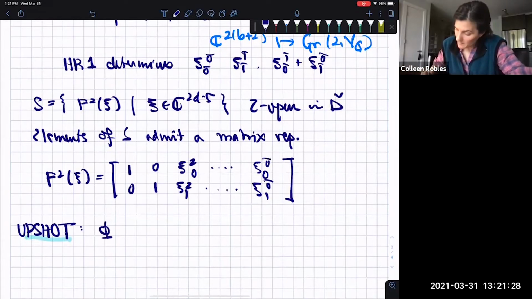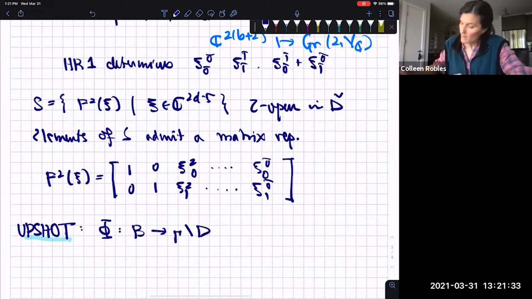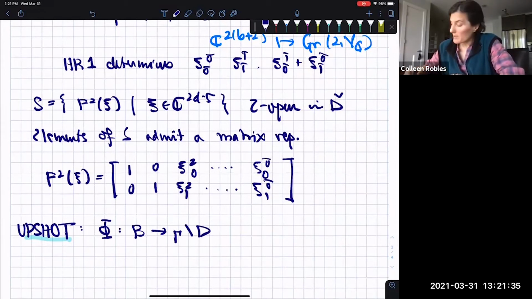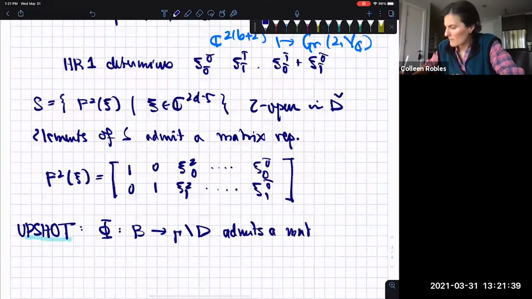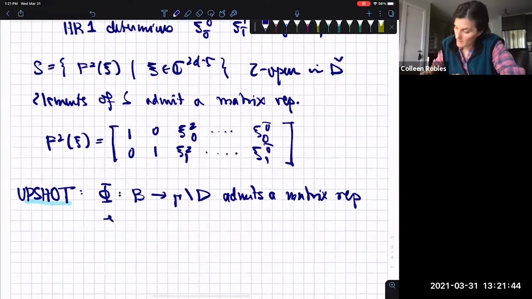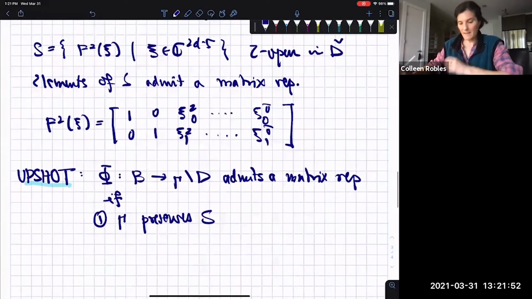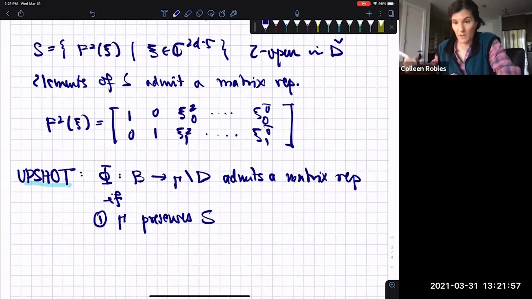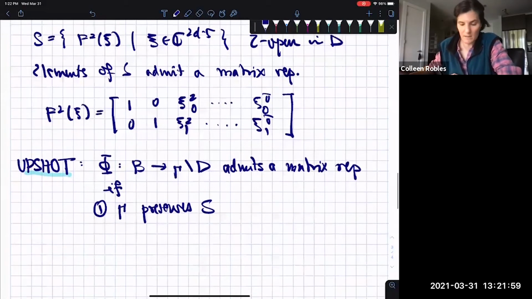So phi, we have some period map, admits a matrix representation if first gamma preserves S, and that's not quite correct. Of course, you really only need it to preserve the intersection of S with the domain, but preserving S is certainly good enough.